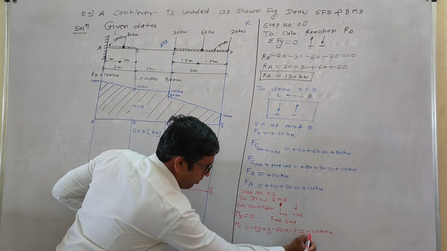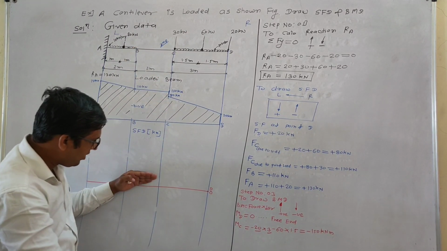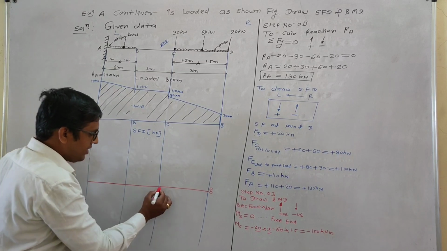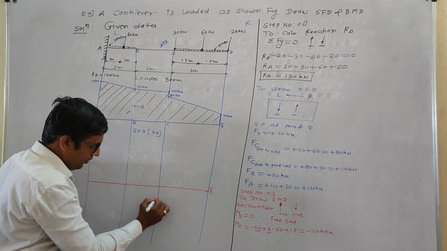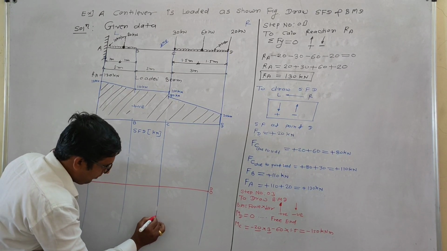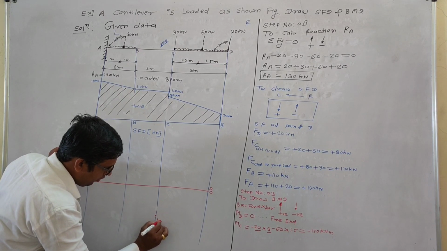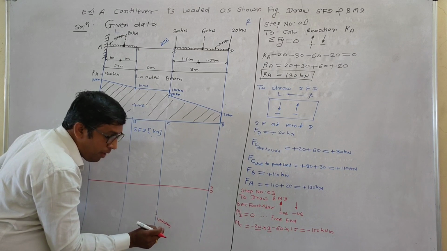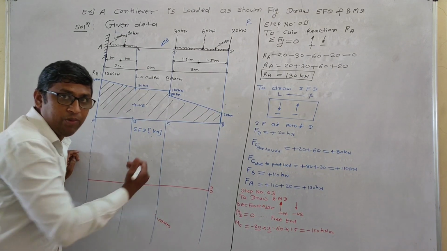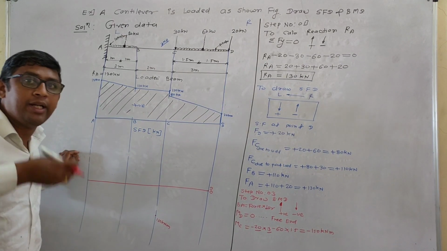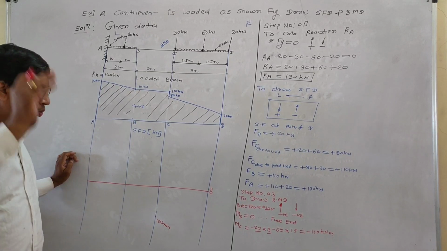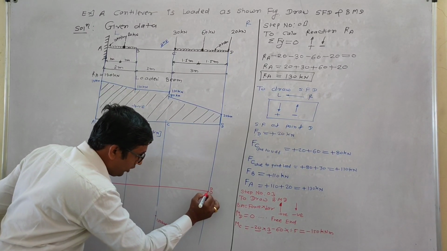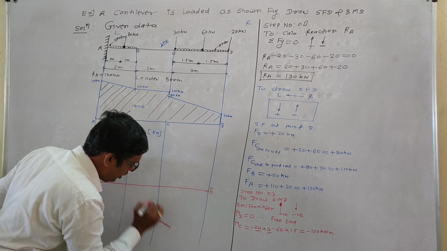Our answer is minus 150. Minus means below the baseline. 0, 50, 100, 150. This is 150 kilonewton meter. I am not writing the minus sign. Why? Below the baseline itself indicates the negative. Then you have to draw from 0 at this point to this point.